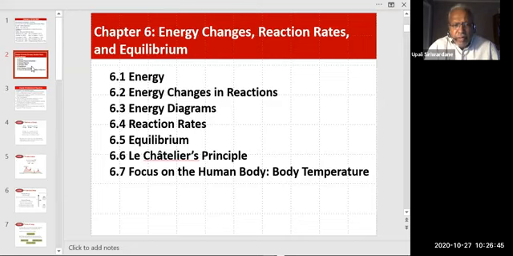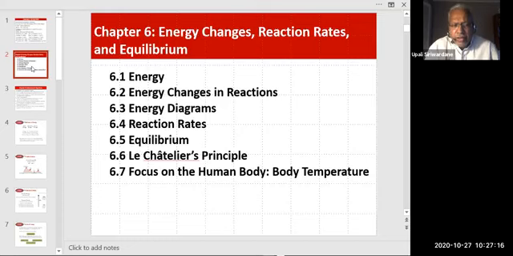Equilibrium is the third part of the chapter. It is very important because a lot of reactions are at equilibrium, which means they take place towards the reactants going to products and products turning back into reactants. The rates of the reactions take place backward and forward, creating a coexistence of reactants and products.